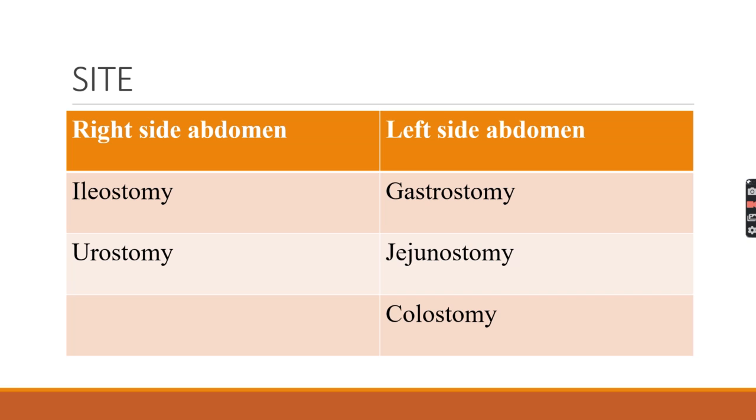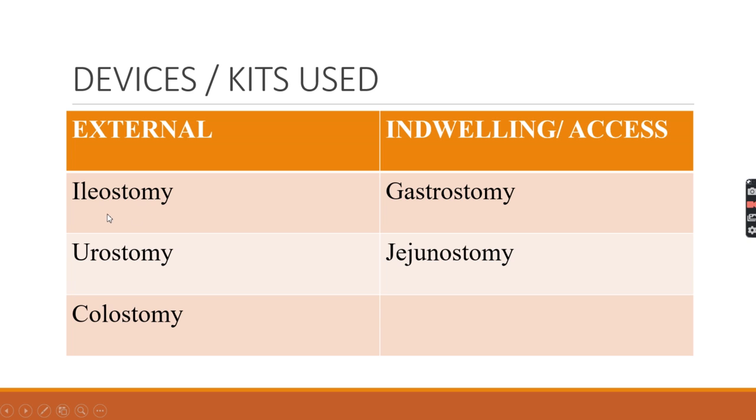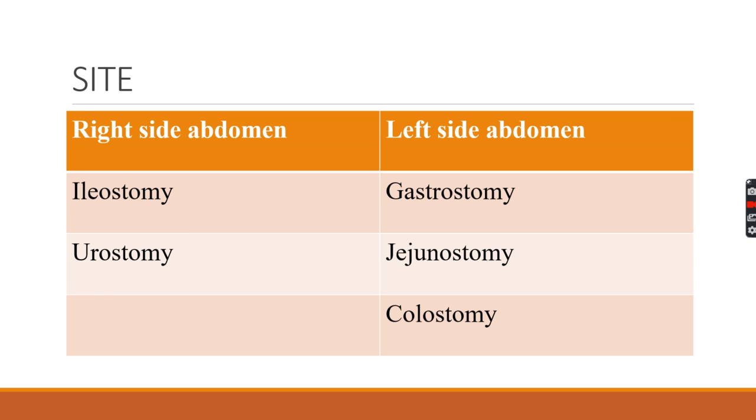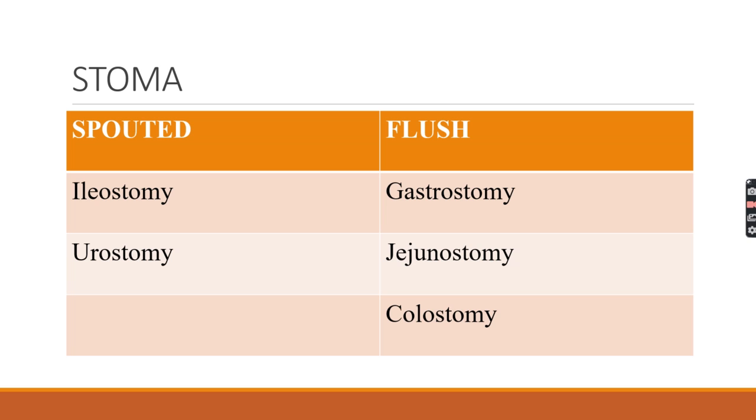So just to summarize, as far as the site is concerned, the right side of the abdomen has ileostomy and urostomy. In both these procedures, the small bowel is being used, right? And on the left side, the gastrostomy and jejunostomy, along with colostomy. All these three are usually seen over the left side of the abdomen. The opening stoma is usually spouted type in ileostomy and urostomy, and flush type in gastrostomy, jejunostomy, and colostomy.